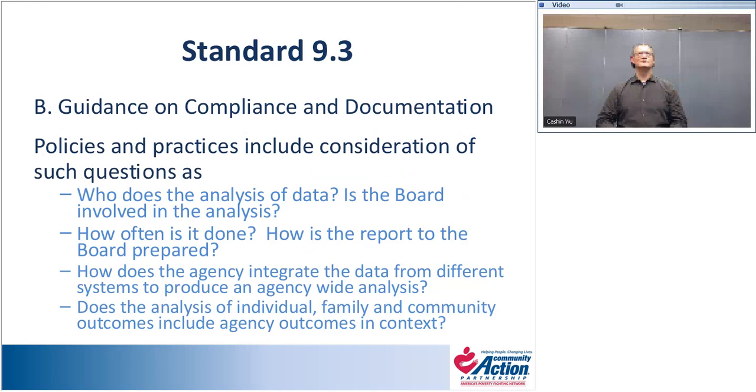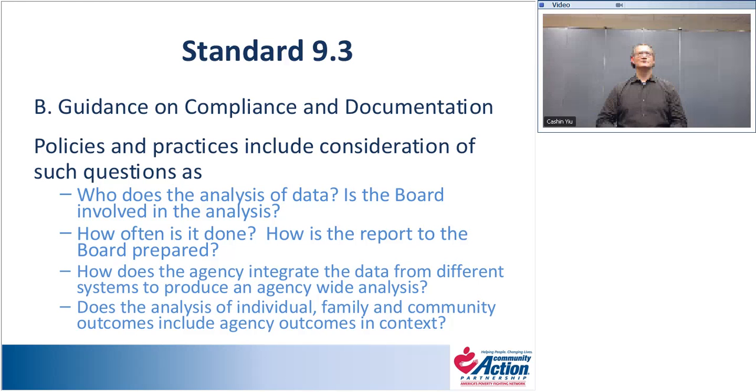Some questions. Who does the analysis? Is the board involved in the analysis? How often is the analysis done and this report prepared? The compliance issue is at least once a year. The question is how often is appropriate?